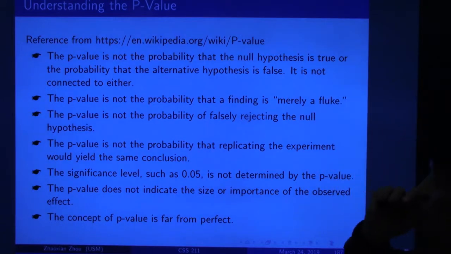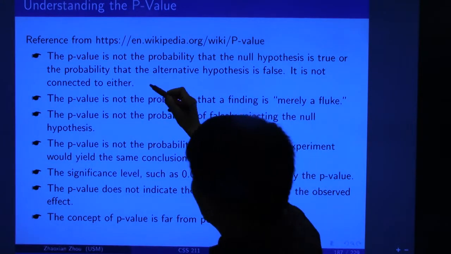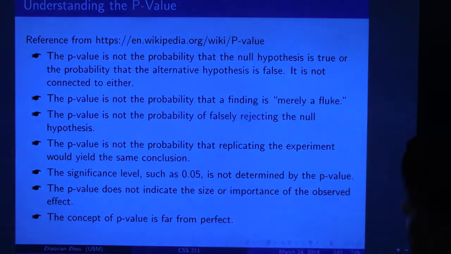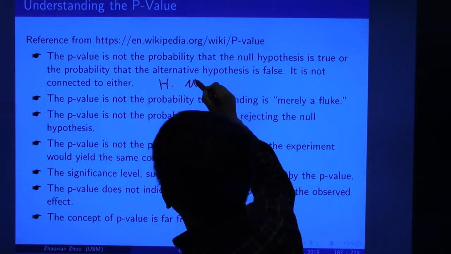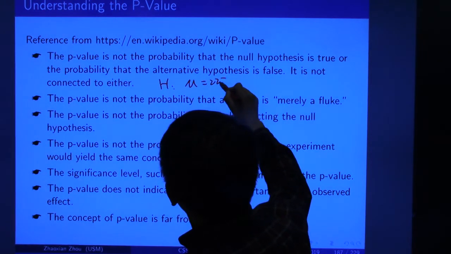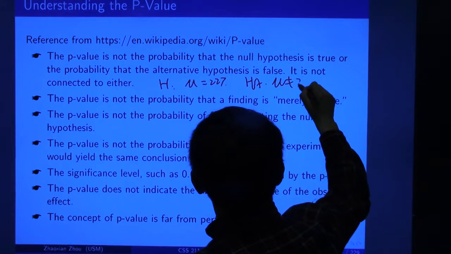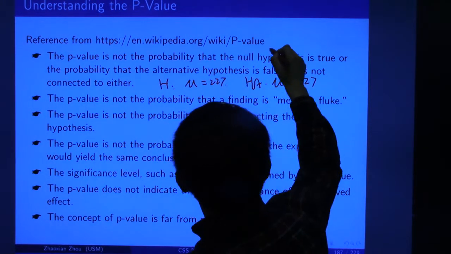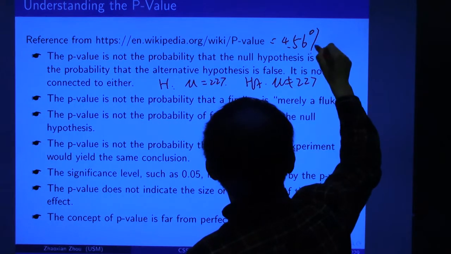We use our example to understand this. We know the p-value for our packing machine example is 4.56%. H0 is mu equals 227, and HA is mu is not equal to 227.